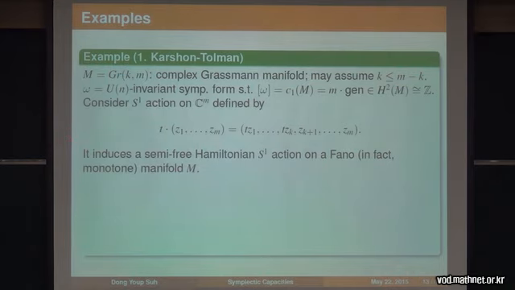Consider the S1 action on C^m given by simple multiplication on the first k factors by complex numbers. So t is a circle group element, acting on C^m. Then it induces a semifree Hamiltonian S1 action on a Fano, in fact monotone, manifold.